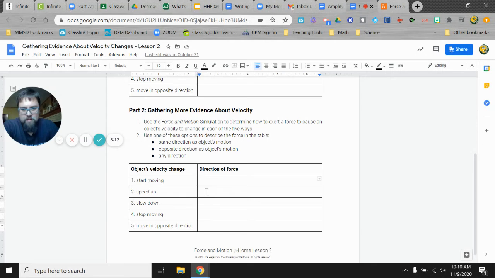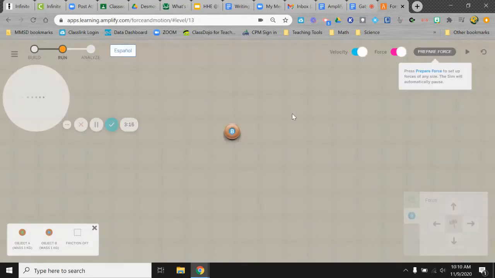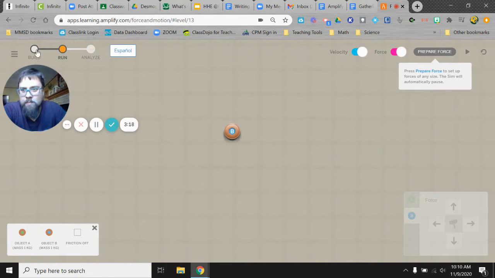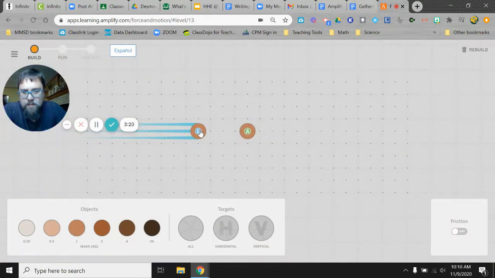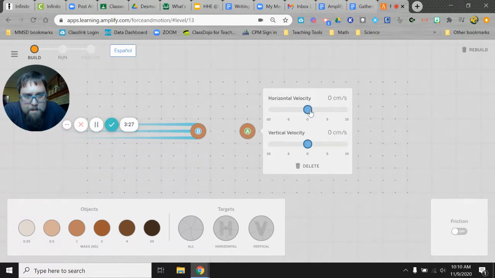So to get an object to speed up. All right. So let's go back to build. Let's do something with A. Let's have A moving rather slowly at a velocity of 1 centimeter per second to the right of our page.